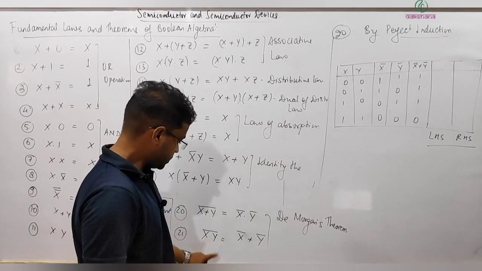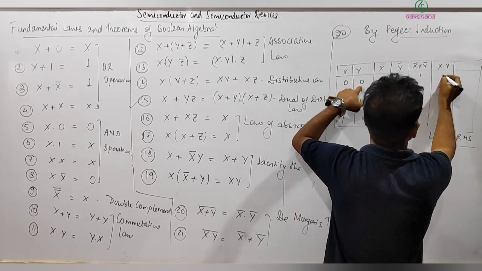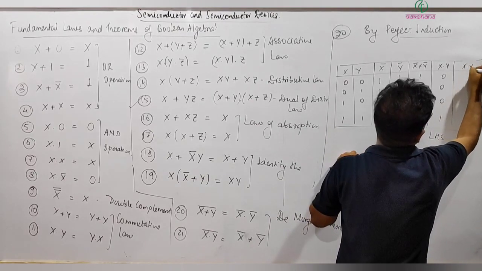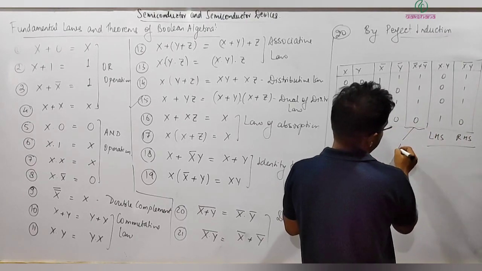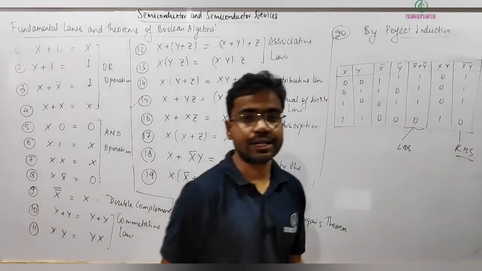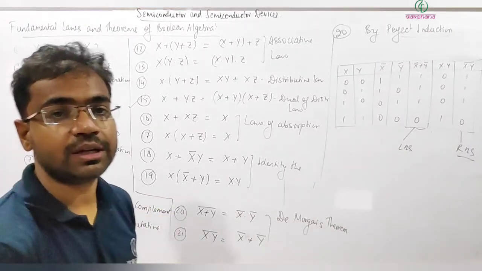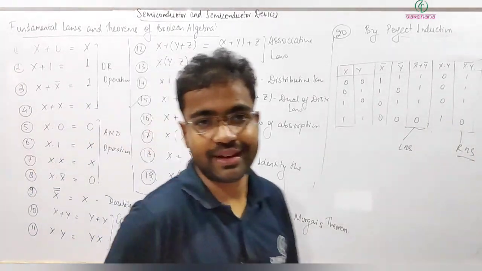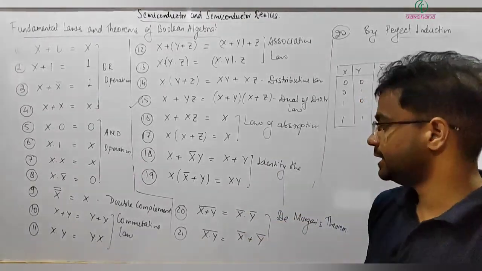And x dot y, x and y, then it will be 0 0 0 1, and x dot y naught, so just the inverse, 1 1 1 0. So here also you can see this is LHS and this is RHS. These two also come out exactly the same. So this is all about the fundamental laws and theorems of Boolean algebra. I hope you understand the proof of every theorem, how they are valid and right. Just try to remember them.